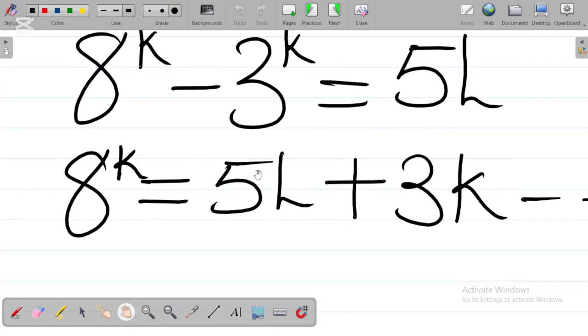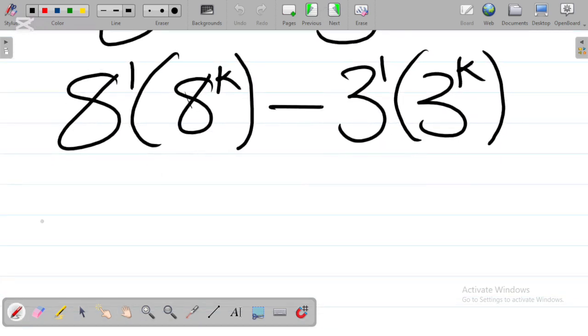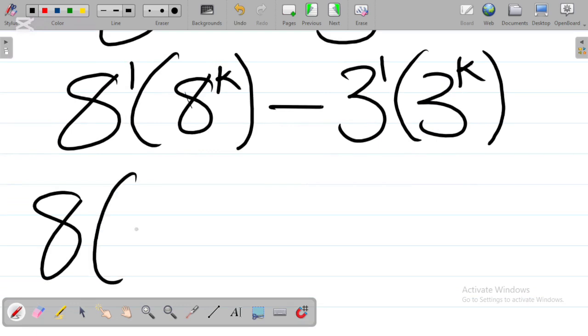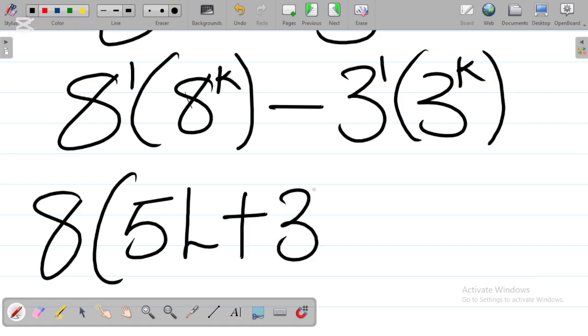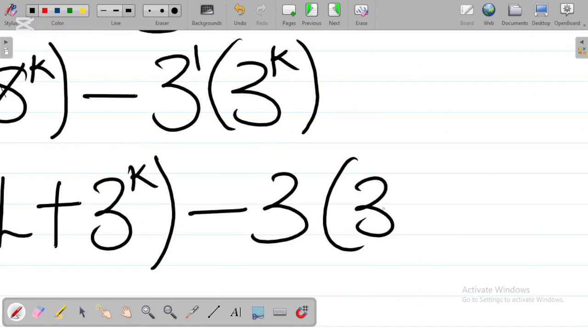So if we substitute 5L plus 3^k for 8 raised to the power k, we would have 8 open brackets 5L plus 3 raised to the power k, and then minus 3 multiplied by 3 raised to the power k.